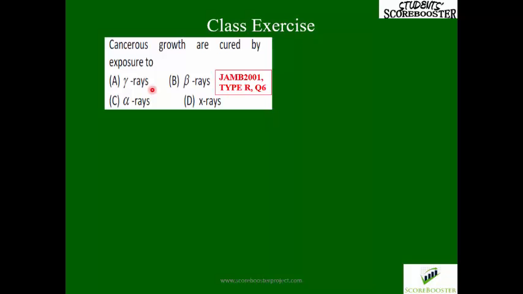It has no charge number, so there's not going to be any adverse effects to the exposed area, but it is deleterious to the cancerous cells. That is why it is being used. So gamma rays are used in medical treatment of diseases.